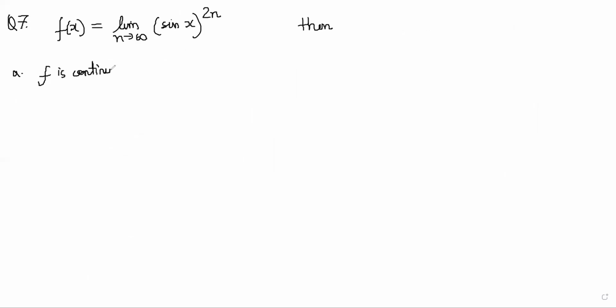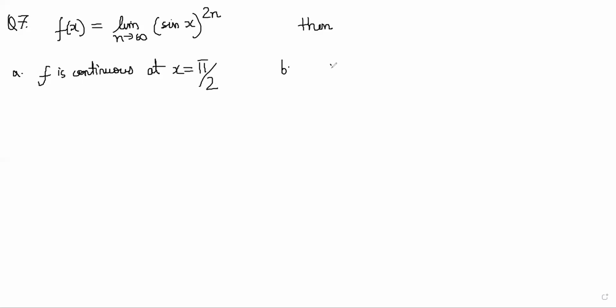Then question 7: let f of x be equal to limit of n tends to infinity of sine x to the power 2n. Then you have to say, A option, f is continuous at x is equal to pi by 2.